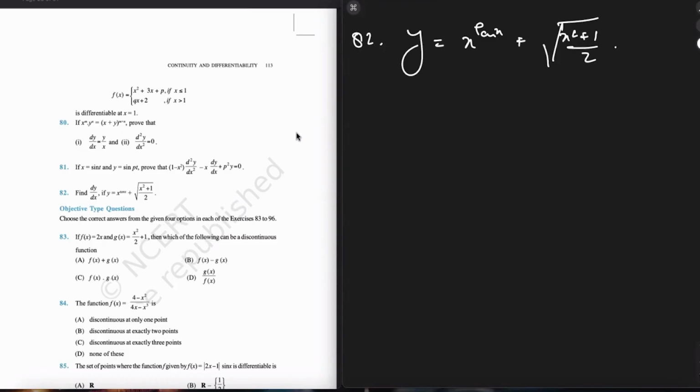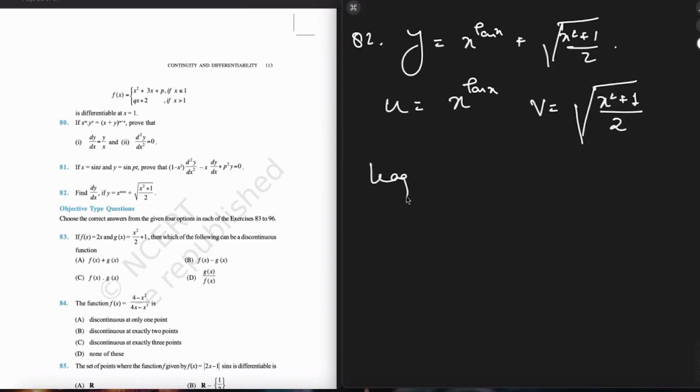If we differentiate both terms separately, then we'll be fine. So I'll take u is equal to x raised to the power of tan x, and v is equal to whole under root of (x square plus 1) divided by 2.